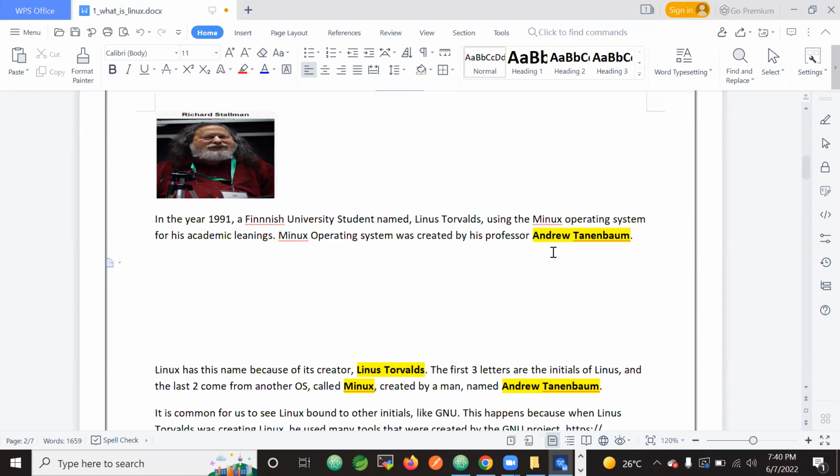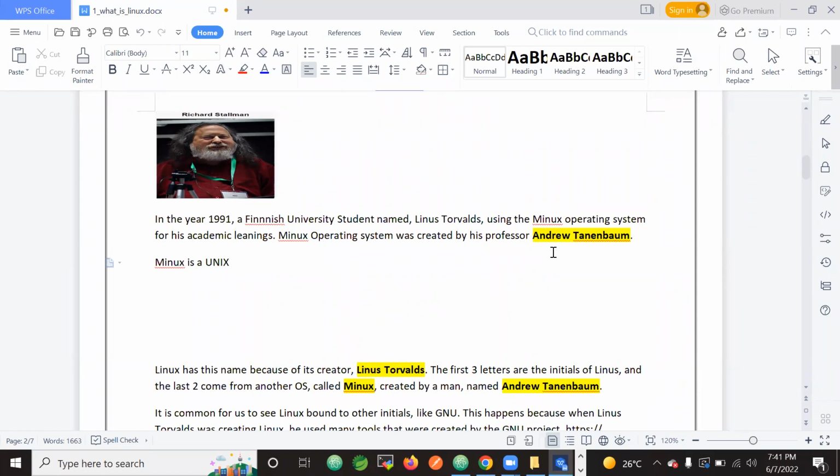So it is an operating system restricted to educational use. It is a Unix-like operating system, and this is a very important word because it is built on top of Unix actually.